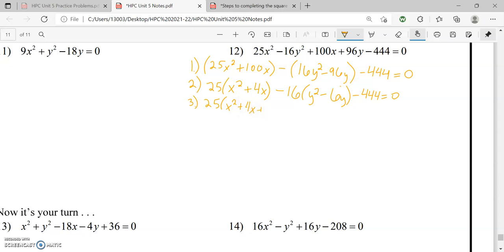Now here's where we add half of that 4 squared into the parentheses. Okay, minus 4. So there you have it. We have done step 3. We added half of the 4 squared and half of the 6 squared into the parentheses.